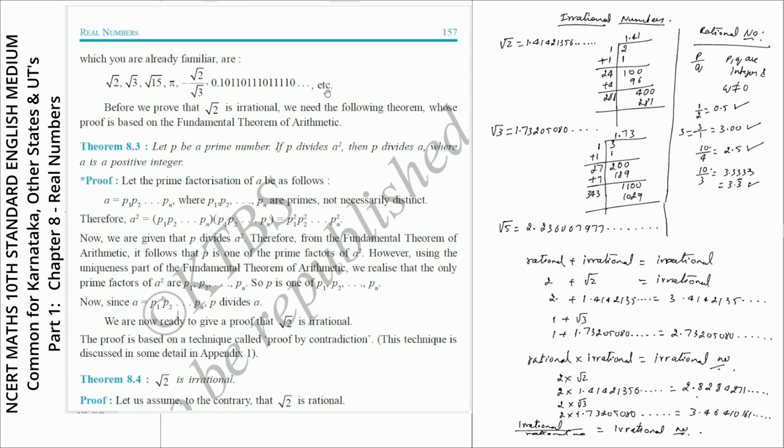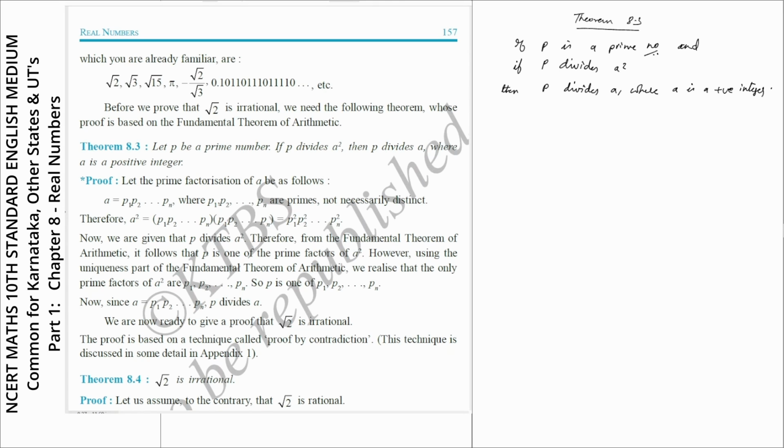Next topic is Theorem 8.3. The statement of Theorem 8.3 is like this: let P be a prime number. If P divides A square, then P divides A, where A is a positive integer. So the proof is like this. Now what are the factors of 6? 6 I can write as 2 into 3, 2 threes are 6, 2 and 3 are factors of 6.